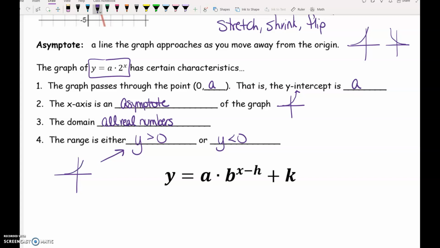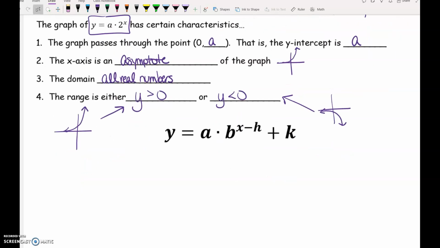This graph has a range of y is greater than 0 because it's above the x-axis. This graph would look more like this. It has a range of y is less than 0 because it's been flipped upside down and it's underneath the x-axis.